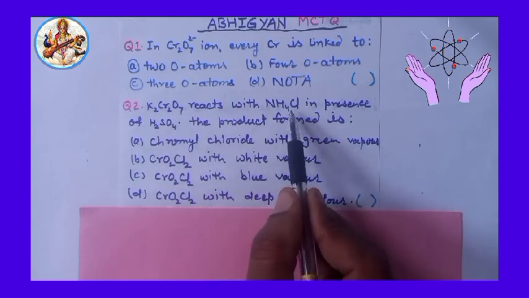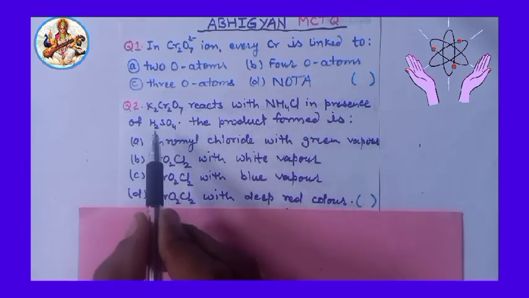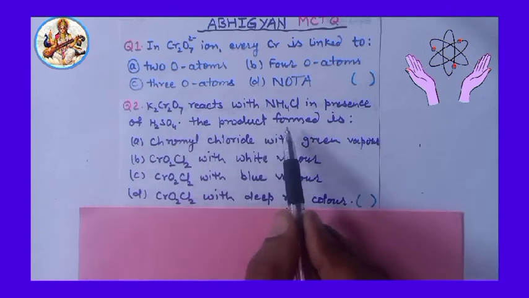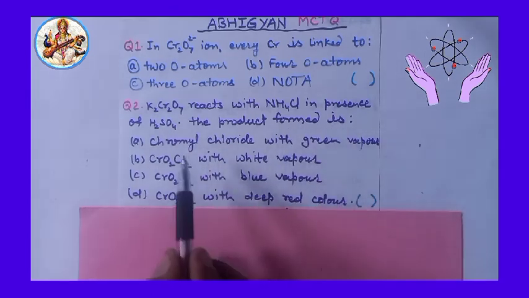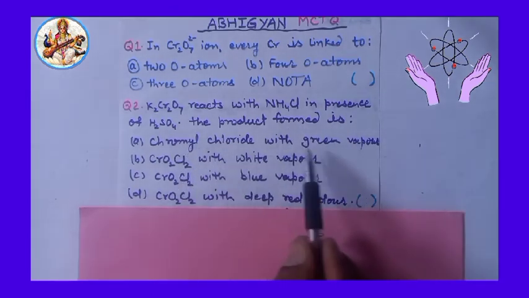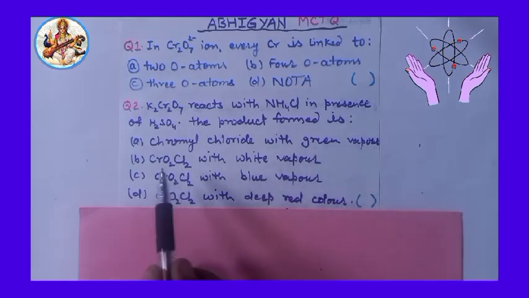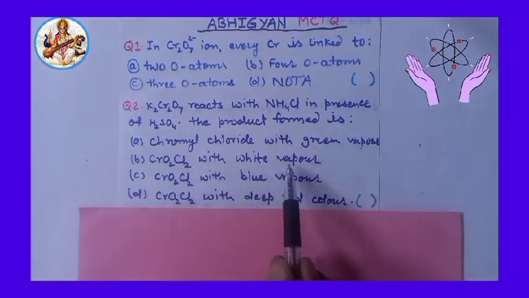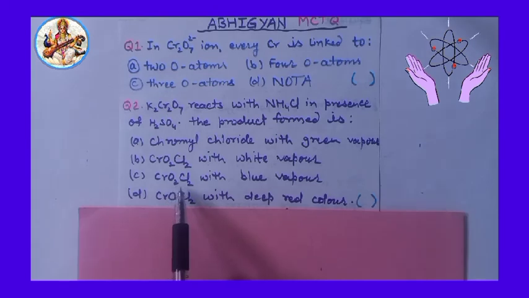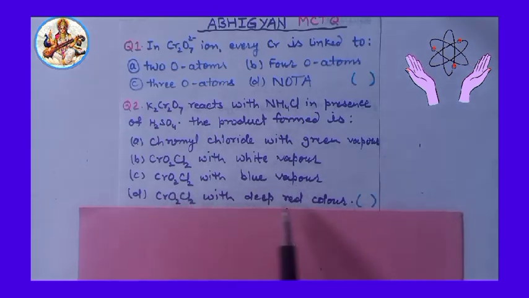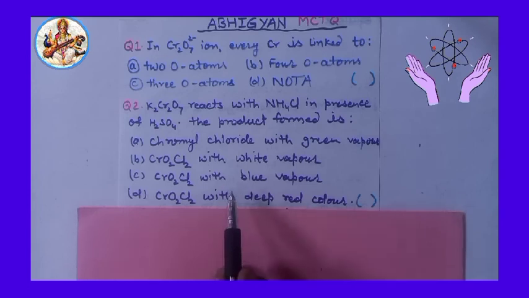Question second. Potassium dichromate reacts with ammonium chloride in presence of H2SO4. The product formed is: option A, chromyl chloride with green vapor, B, chromyl chloride with white vapor, C, chromyl chloride with blue vapor, and D, chromyl chloride with deep red color.